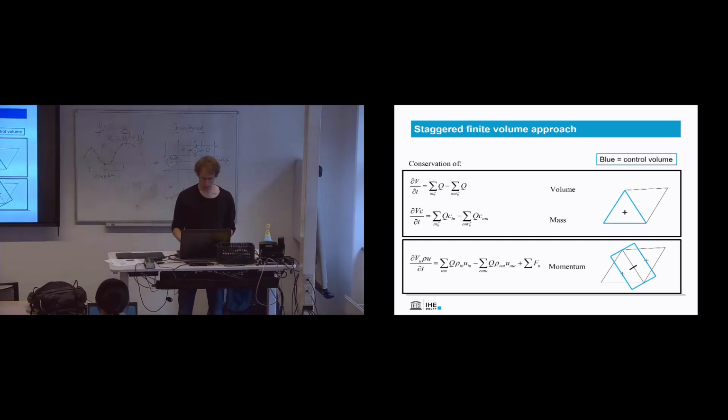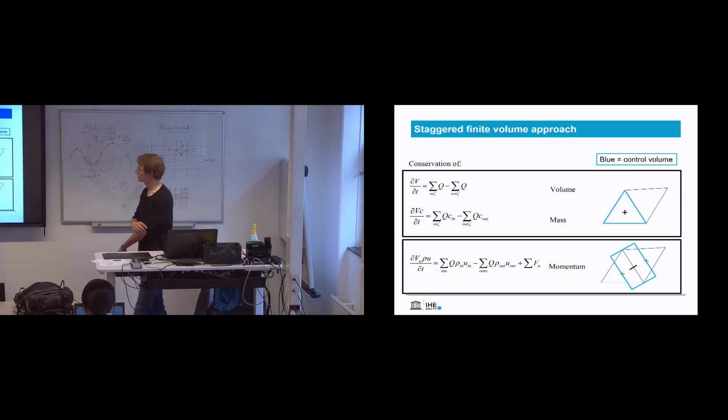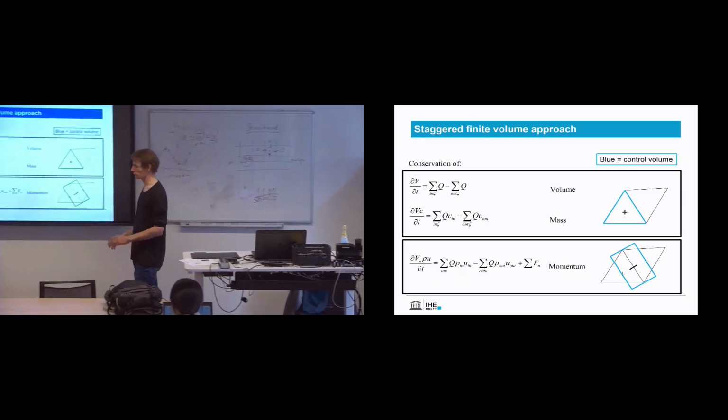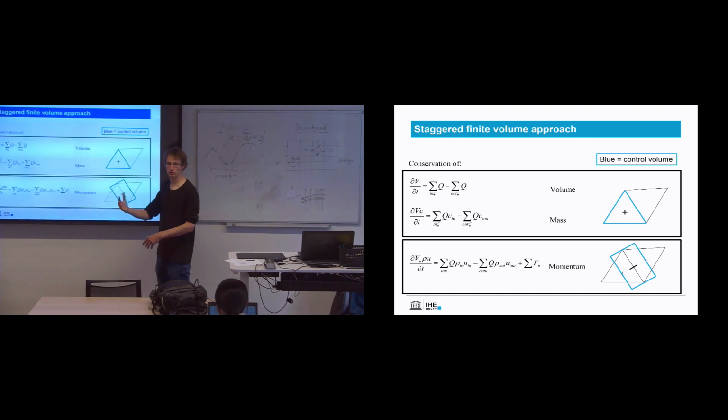And because we're working staggered, we also have slightly different control volumes. So when I explained to you the momentum balance and the continuity equation, I said for the continuity equation you take a control volume and you look at all the fluxes that go in and out, and that gives you the change in the water level. Right? This is what you do here. So for the continuity, so the conservation of mass, you actually look at the cell itself.